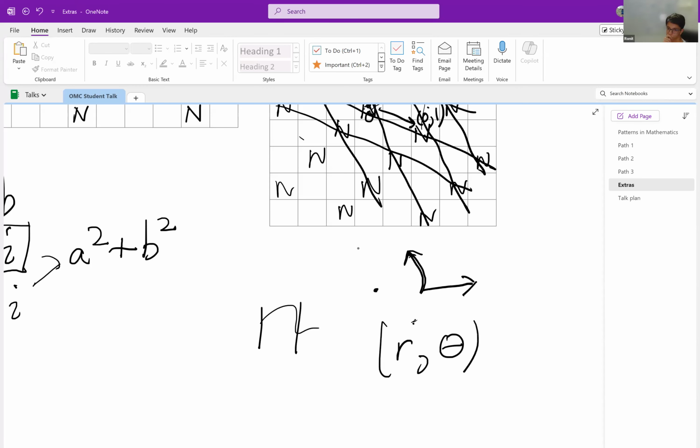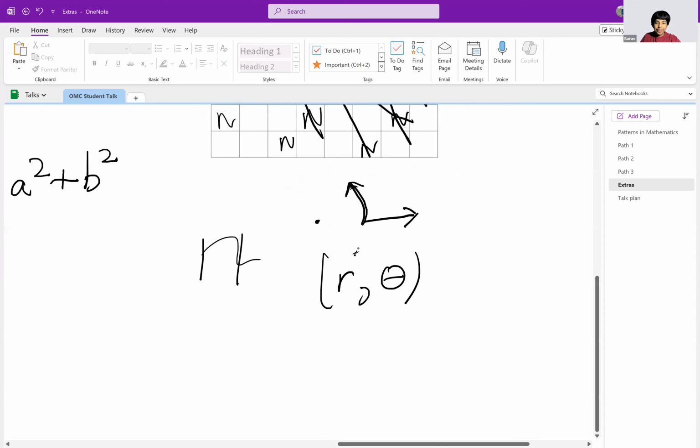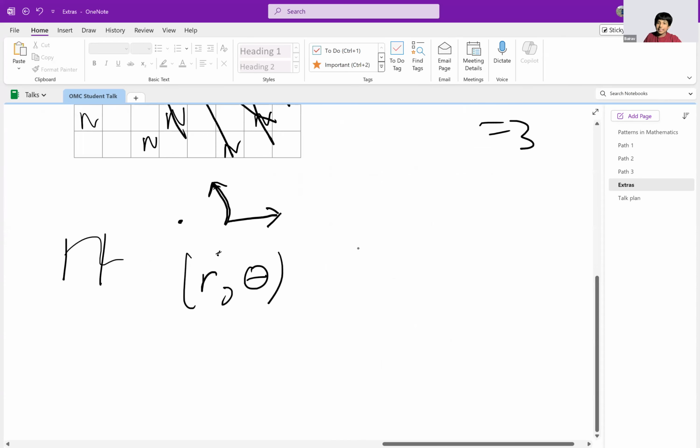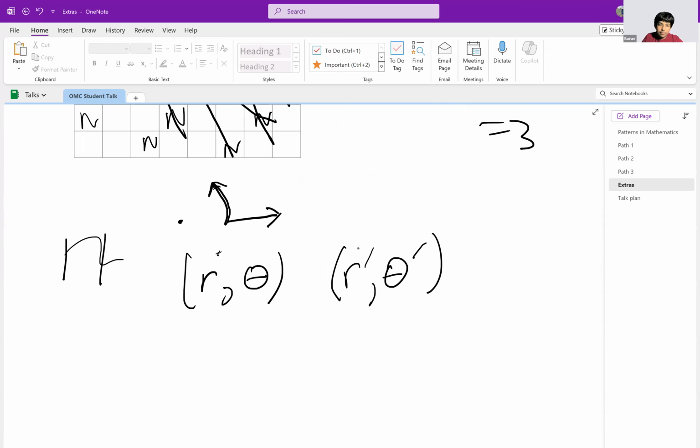Yes. So once we characterize complex numbers like this, we can also do a different form of multiplication, because then we're scaling by r and r prime, and we're also rotating by theta then theta prime, which is theta plus theta prime.